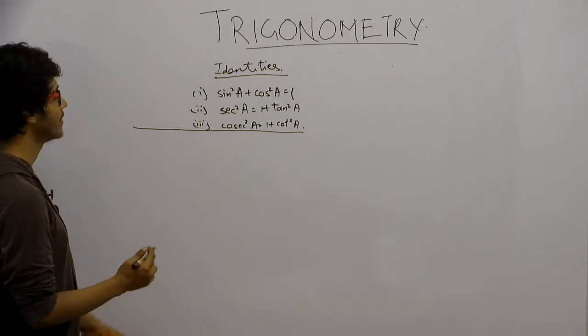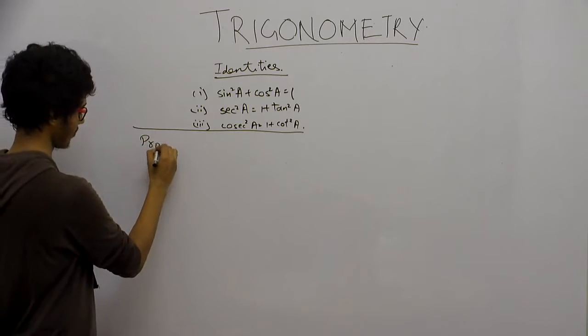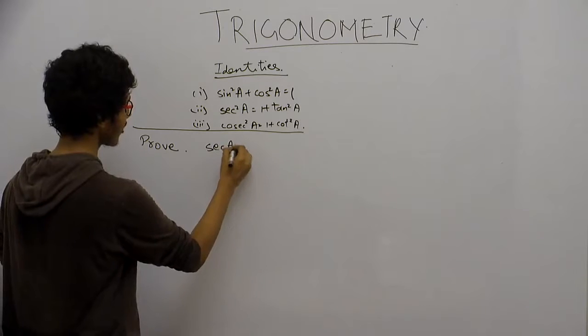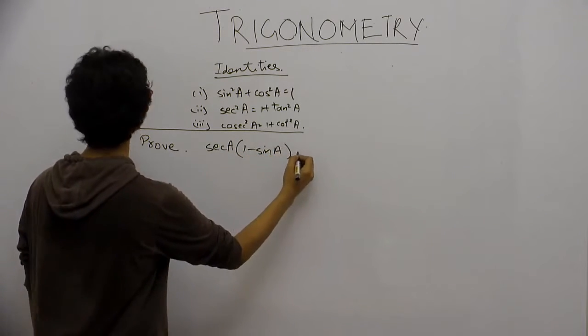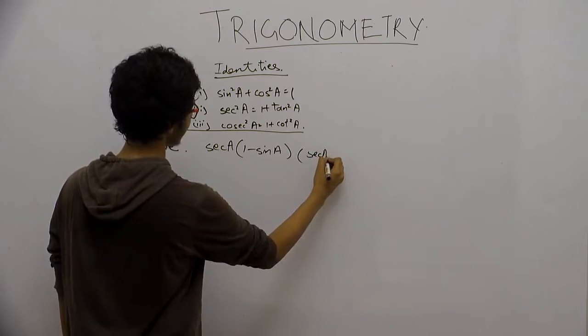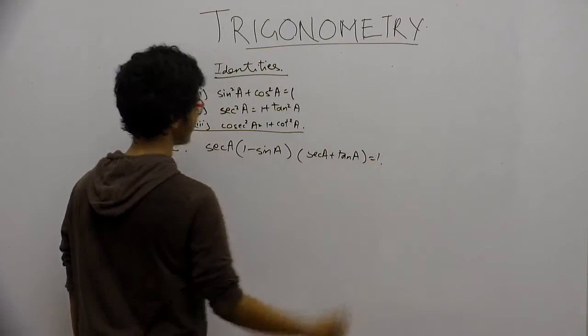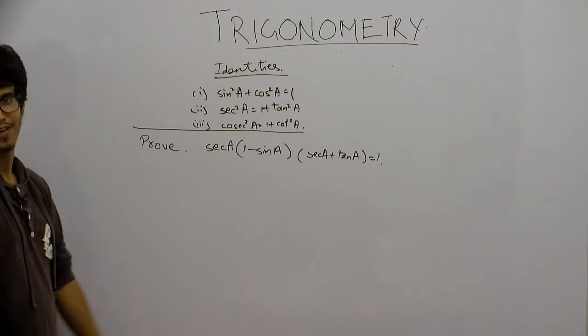Suppose we are given this, we have to prove, okay, prove that sec A into 1 minus sine A into sec A plus tan A equals 1. These kind of questions can be proved, or they can just directly ask you the value, anything.